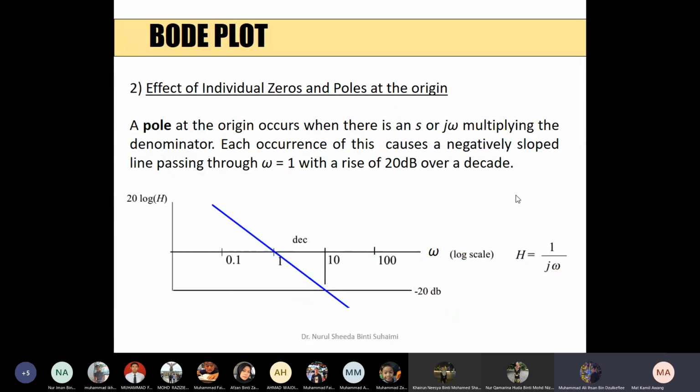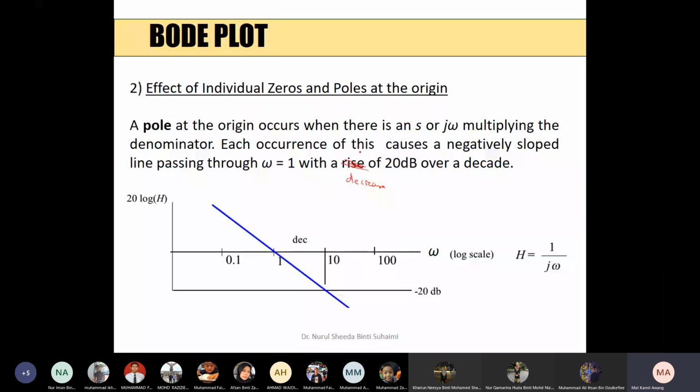For poles at the origin, it's the other way. Negative slope. It's not rising, it's decreasing. A pole at the origin occurs when there is s or j omega multiplying the denominator.